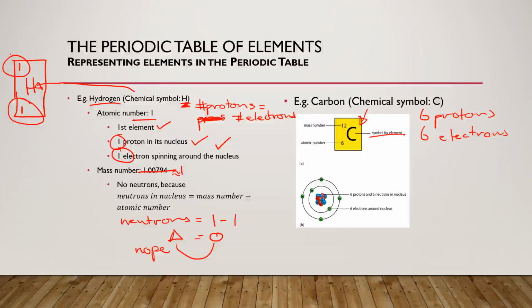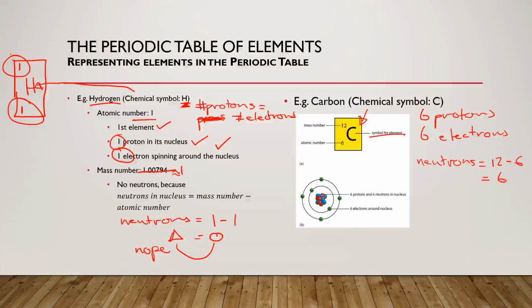Now the mass number of carbon is 12, and we can then figure out the neutrons from that, and the way we do that is saying neutrons is equal to the mass number, which is 12, minus the atomic number, which is 6. So we know that the neutrons is 6 for carbon. And that's really easy, that's all we need to know.